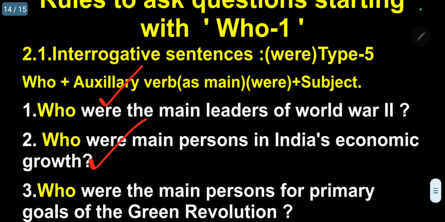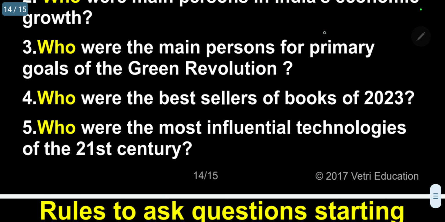Who were main persons for primary goals of Green Revolution? Were, auxiliary verb, acting as a main verb. Who were the best sellers of books of 2023? Were, auxiliary acting as a main verb. Who were the most influential technologists of 21st century? Were, auxiliary verb acting as a main verb.